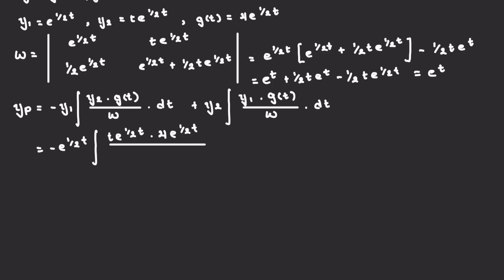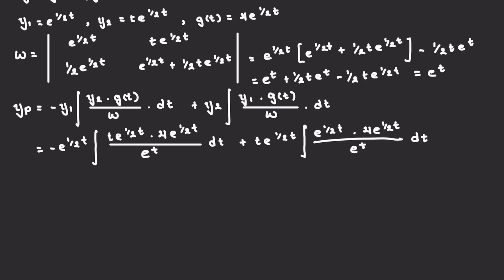Divide everything by the Wronskian, which is e to the t, multiply everything inside by d of t, plus y2, which is t e to the 1 over 2t, multiplied by the integral of y1, e to the 1 over 2t, times g of t, which is 4 e to the 1 over 2t, and divide everything by the Wronskian one more time, e to the t, multiply everything by d of t.